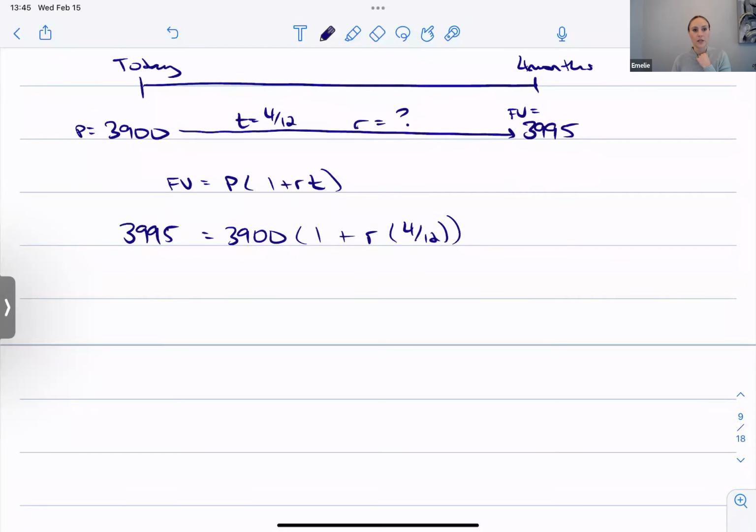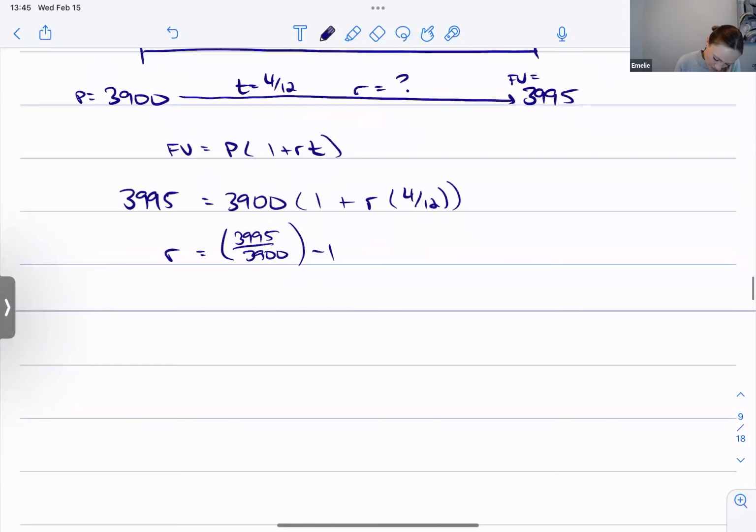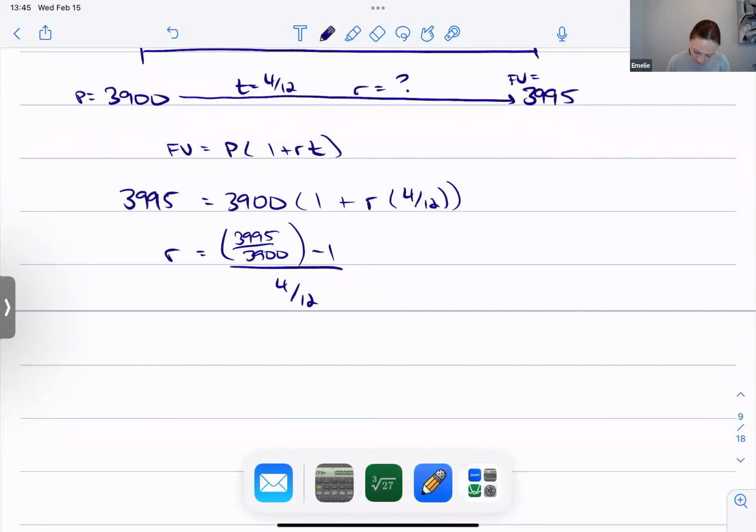If I rearrange this, and I'm going to try to keep it on the same page, so then, and I might not be successful, but 3,995 divided by 3,900 minus 1 divided by 4/12. I'm not successful. Well, maybe.